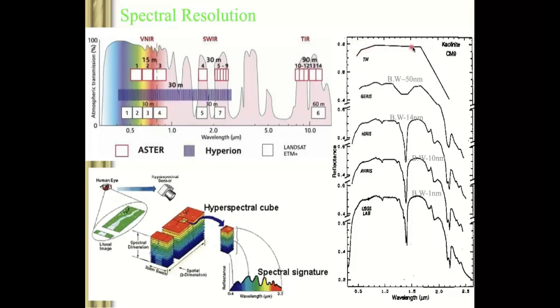But after the development of multispectral satellites, you can see at 50 nanometer difference, we call it the Garis satellite, that we have bands over here also. I hope you can see my cursor, right? Can you see my cursor here? Yes, sir.